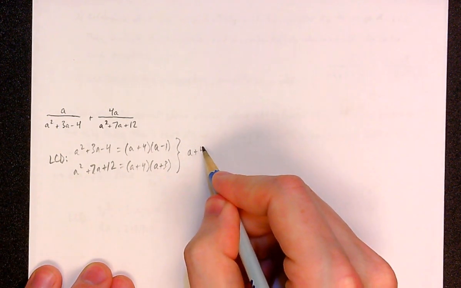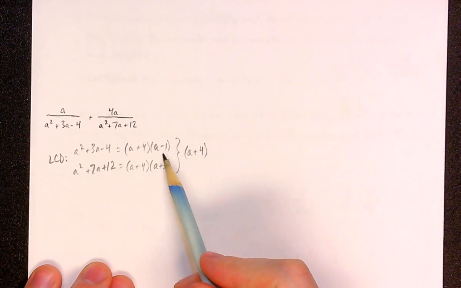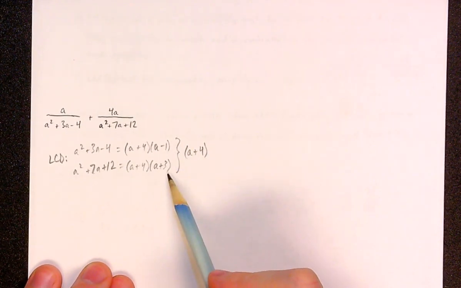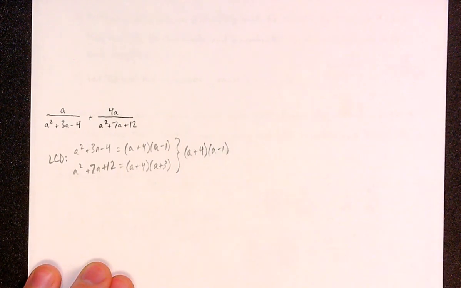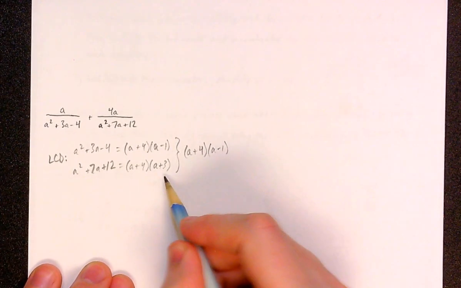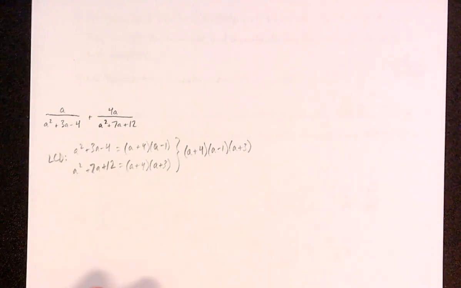So the LCD will have one factor of a plus 4. This guy has a factor of a minus 1. This guy doesn't. So again, using the greater number of factors, the LCD has to have an a minus 1. And by the same reasoning, the LCD has to have a factor of a plus 3.